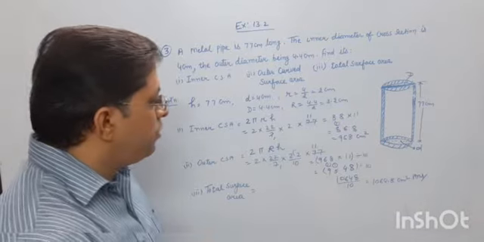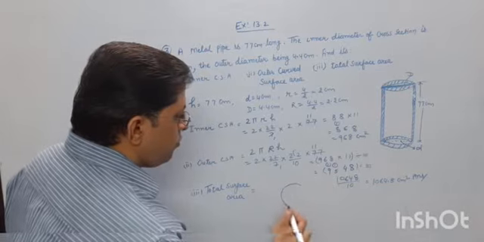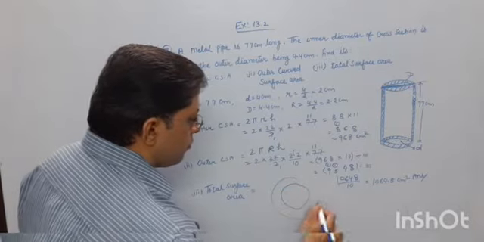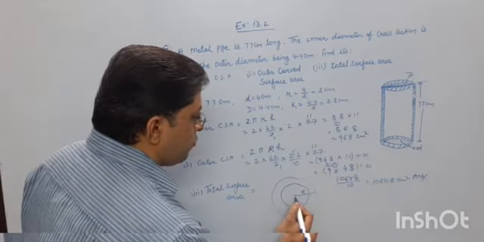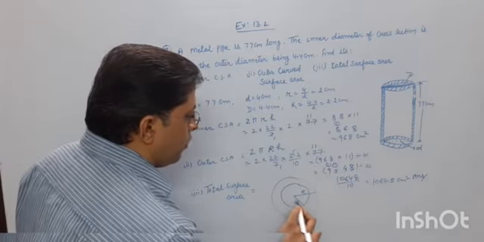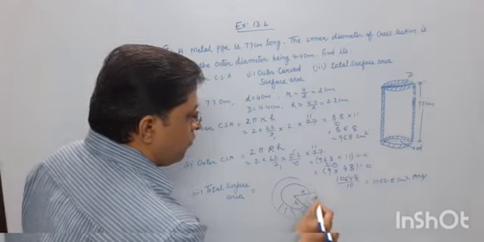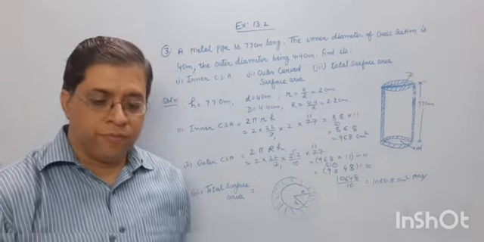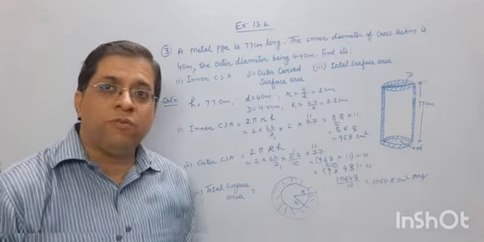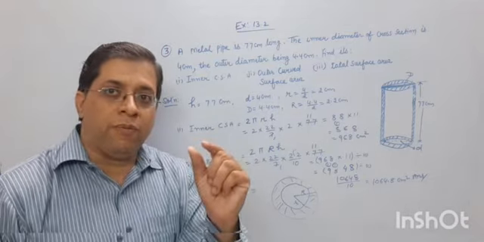It means what? See here. Ring: pi capital R square minus small r square. This is the area of ring. Okay. And this is a pipe, hollow pipe and thick pipe.